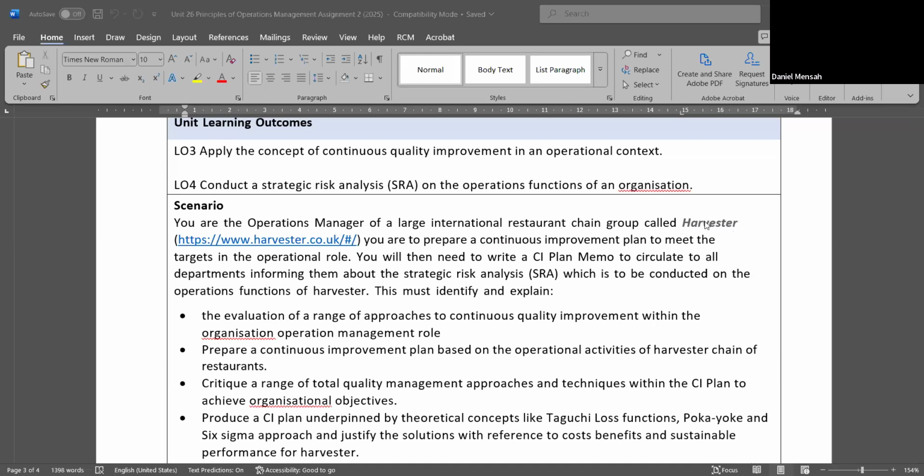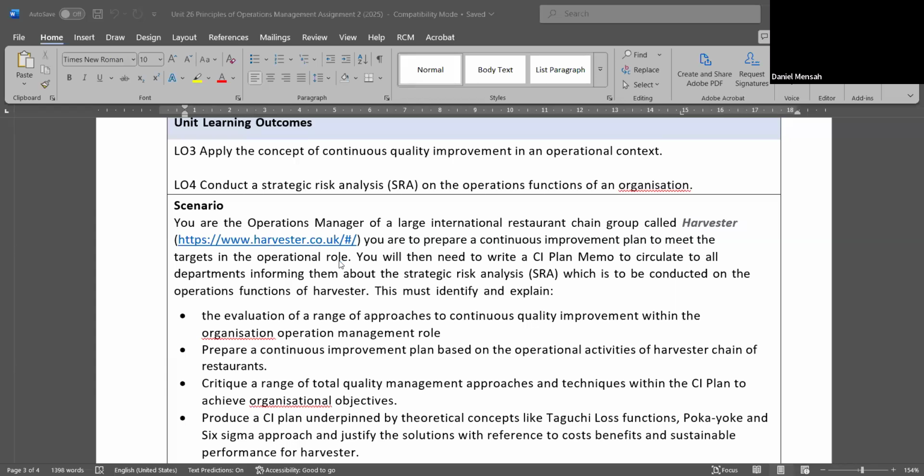For example, if you have to identify the operation management problem, you then provide a solution for it. If they ask you to manage the processes of the company, then you will identify the core operations of Harvester. The same applies to this part of the assignment. Your answer should be related to Harvester.